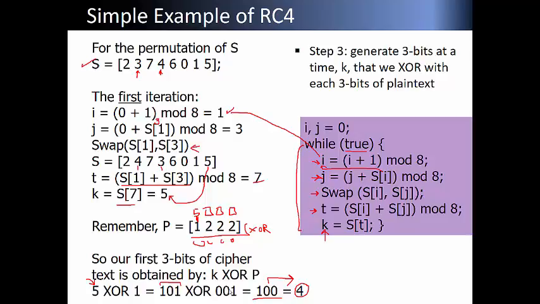Number 1 means 001. Therefore, we have 100. So 100 is finally converted to the hexacode, which is 4. So the message that I want to send is number 1, but the cipher text is number 4. And we need to do the rest.